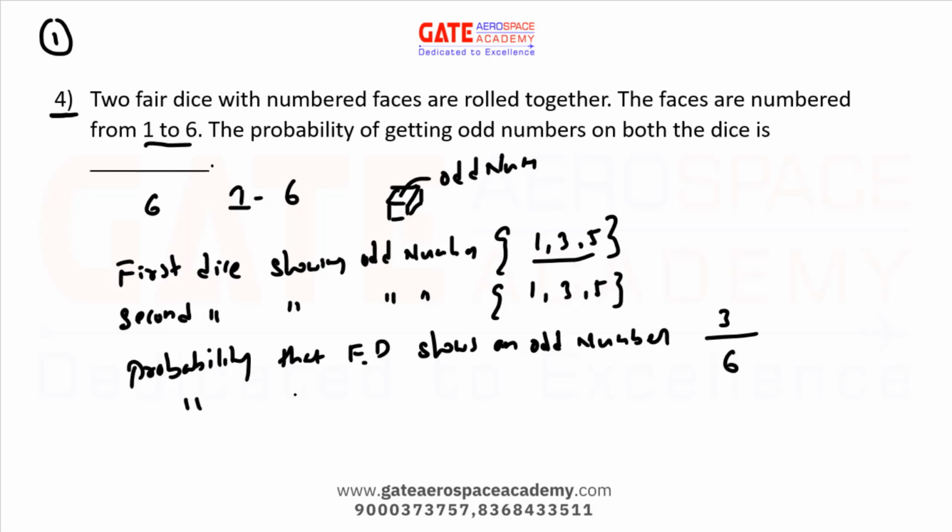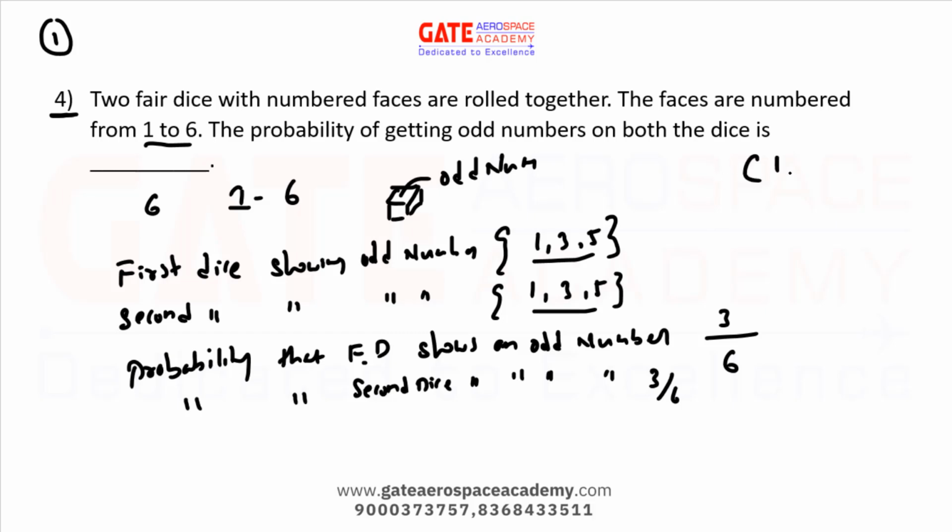Similarly, the probability that the second dice shows an odd number. Again, here you can see that we have 3 chances, so it will be 3 by 6. There are total 6 faces, right? So the probability that the second dice shows an odd number is 3 by 6. Now, what are the possible results?